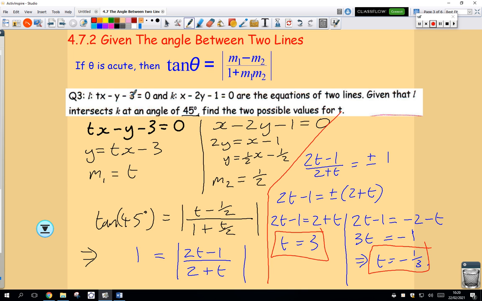And if you think about this, the slopes of those lines are negative reciprocals of each other. So a line with 3x as its x term will be perpendicular to a line with negative 1/3 x as its x term, in this case. So t is equal to 3 or t is equal to negative 1/3.